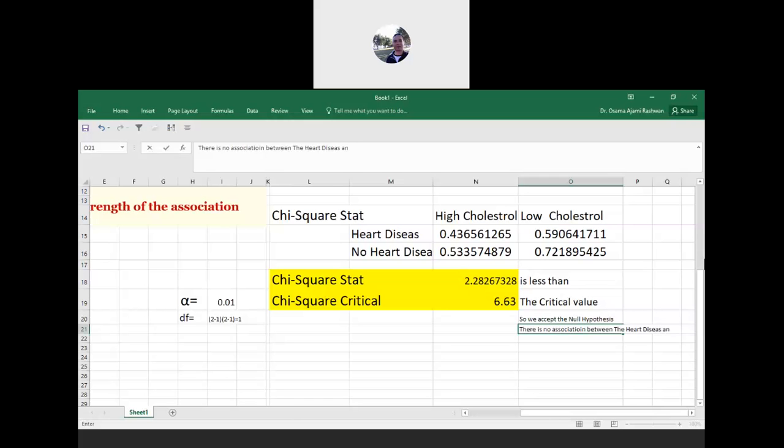And the level of the cholesterol, right? And the cholesterol level. Okay. This is the most important sentence you are going to write.